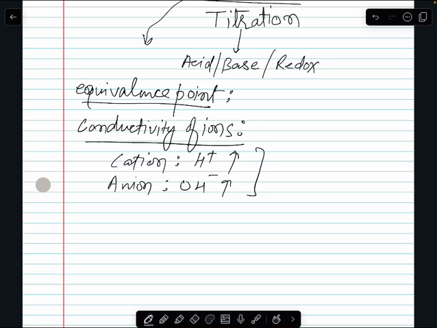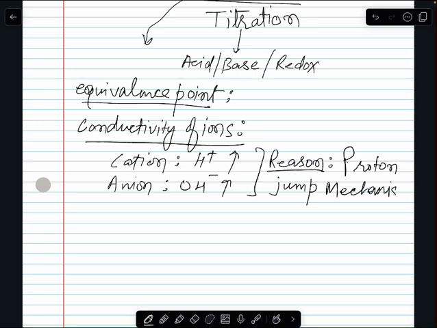The reason behind the high conductivity of H plus ion and OH minus ion is proton jump. So we can explain this high conductivity of H plus ion and OH minus ion with the help of the proton jump mechanism.